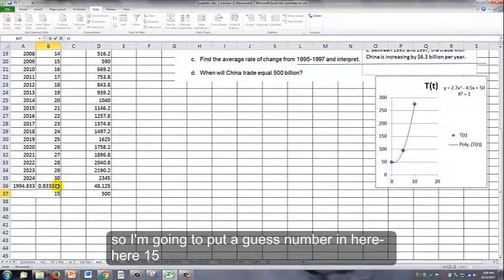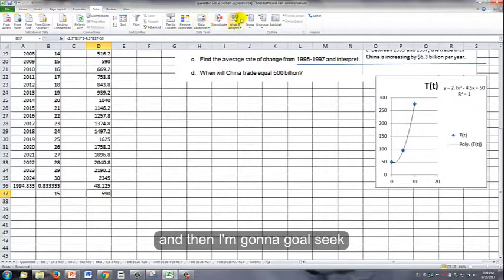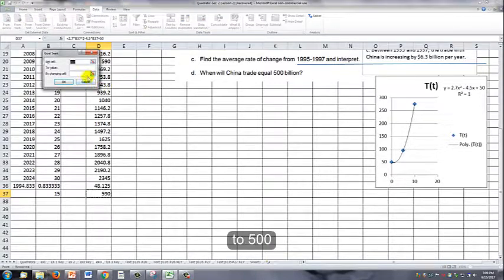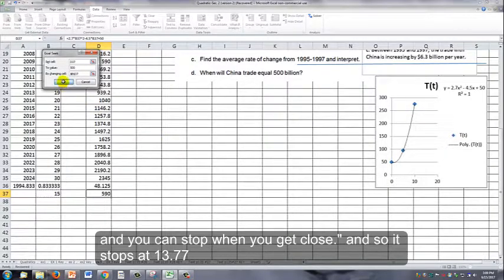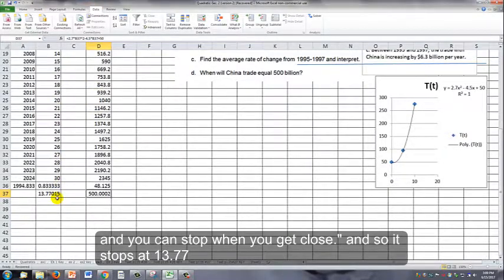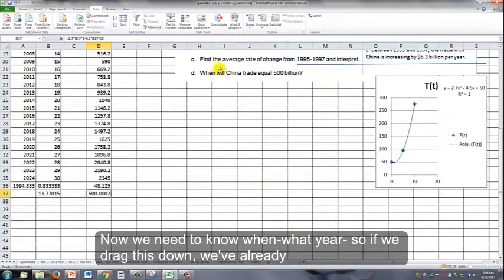So I'm going to put a guess number in here of 15. And then I'm going to goal seek to 500 by changing 15. And so when you do that, you're saying, hey, Excel, would you look at around 15, left and right of 15, and then you can stop when you get close. And so it stops at 13.77. Now we need to know when, what year.